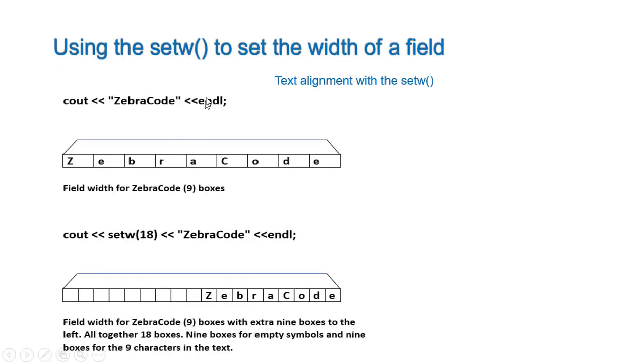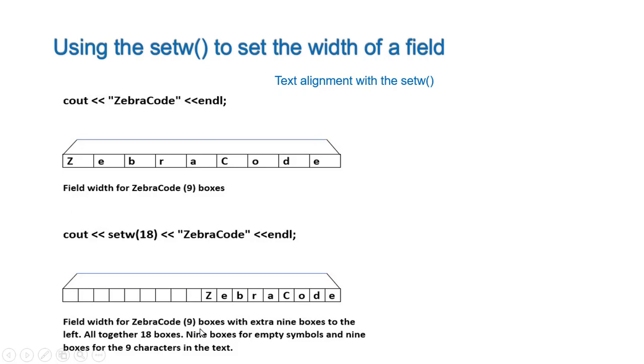Here is an example of how to use setw to align text on the screen. The cout object will print the string "Zebra Code" on the screen. Normally, the field width for "Zebra Code" contains 9 boxes or 9 characters. When we use cout setw(18) "Zebra Code", we will be adding an extra 9 characters to the 9 characters that "Zebra Code" contains.